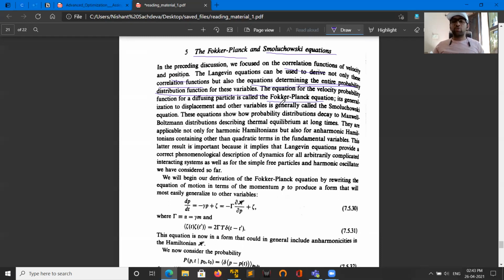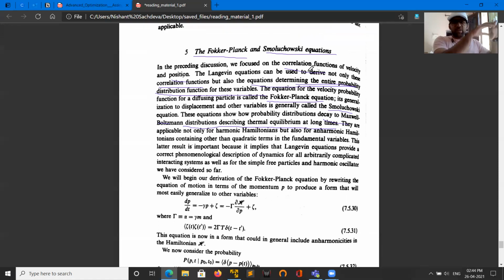Its generalization to displacement and other variables is generally called the Smoluchowski equation. Remember, it's a velocity probability function, but it can be generalized. These equations show how probability distributions decay to Maxwell-Boltzmann distributions describing thermal equilibrium at long times. It's all coming together now. We have the distribution at smaller times, then we have Maxwell at long times, and then we see how one transitions to another.